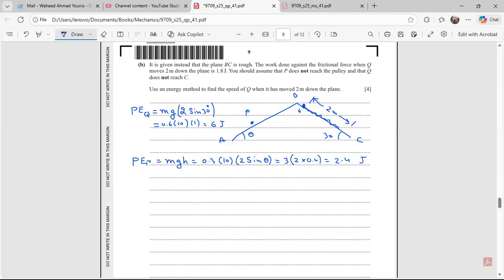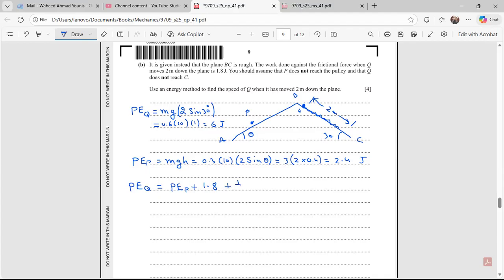Now, remember I told you that the loss of potential energy of Q is equal to the gain of the potential energy of P plus the work done against the friction, which is 1.8 joules, plus the kinetic energy of both objects, right?